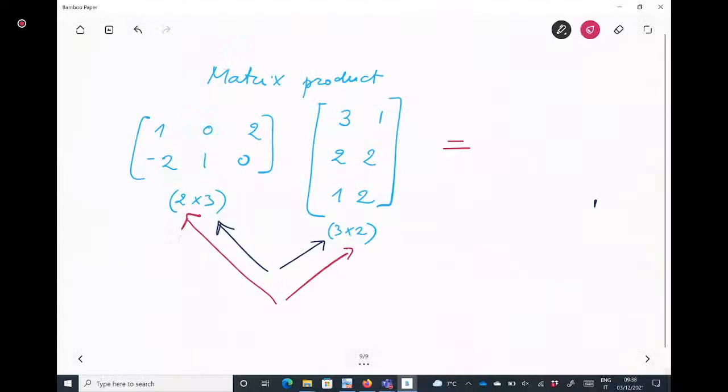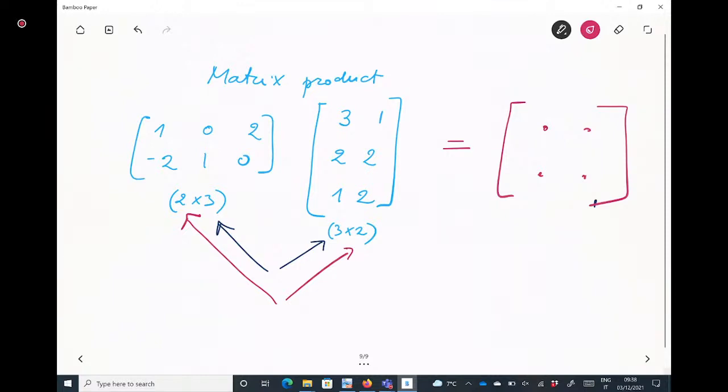First, we can perform the product, 3 is equal to 3. What will be the dimension of the result? It will be a matrix, 2 by 2. So it will be something with 4 entries, 2 rows, 2 columns.